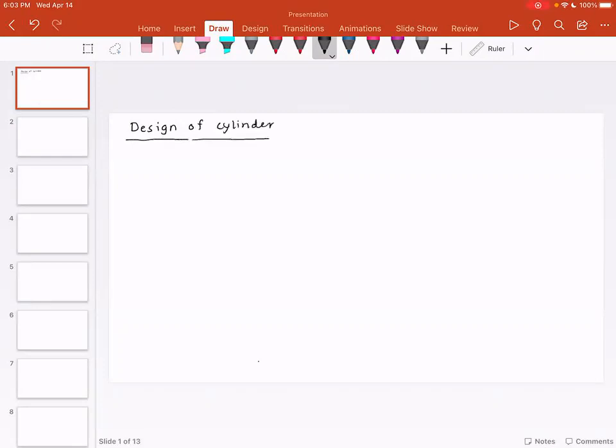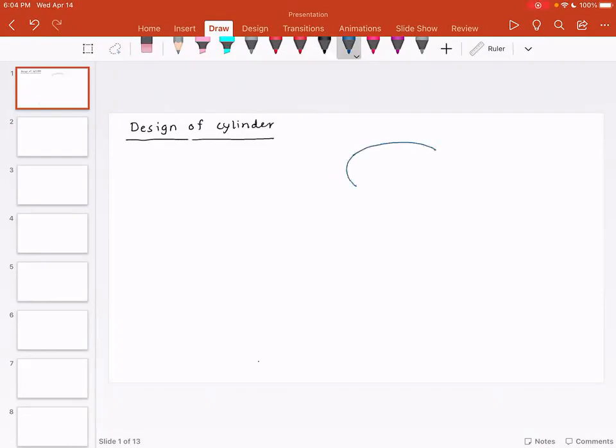Now cylinder provides a combustion chamber. It's a cylindrical piece, and the piston slides back and forth inside the cylindrical piece. So first and foremost, what we want to find out is the thickness of the cylinder wall. So if you look at the cylinder, I'm going to show you the way the cylinder looks.